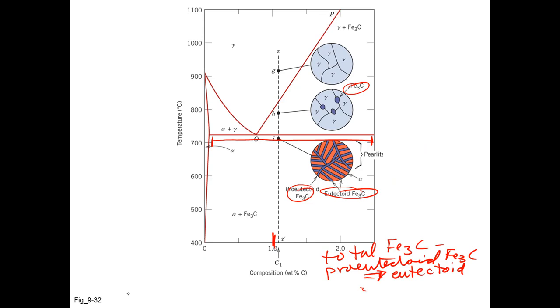And just showing again here schematically what I did. I calculated first the total cementite, and then I subtracted the pro-eutectoid amount to get the eutectoid cementite that's present in pearlite.